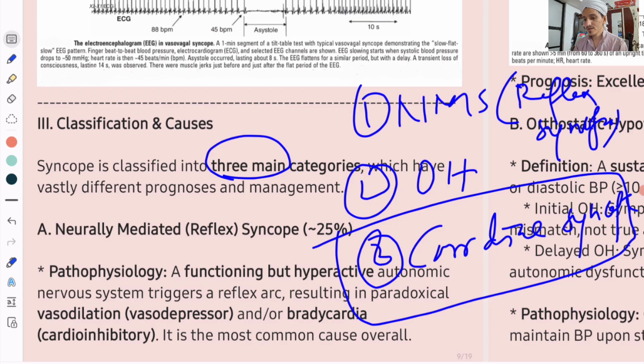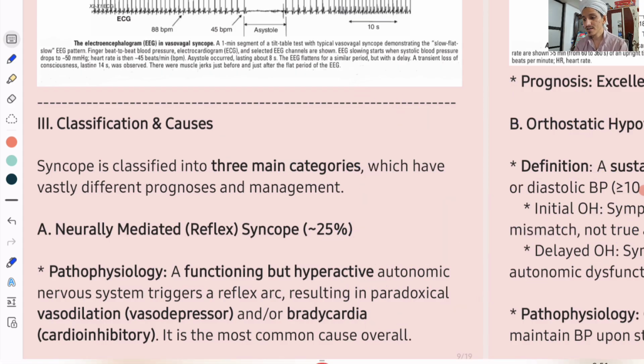Okay, so neurally mediated syncope is seen in approximately 25% of cases. It has an incidence of 25%. Pathophysiology of neurally mediated reflex syncope: the afferent pathway is normal, efferent pathway is normal, autonomic nervous system is normal, but it is hyperactive, it is sensitive.